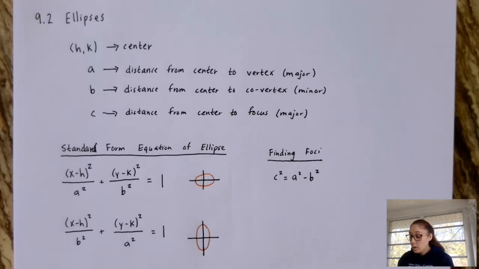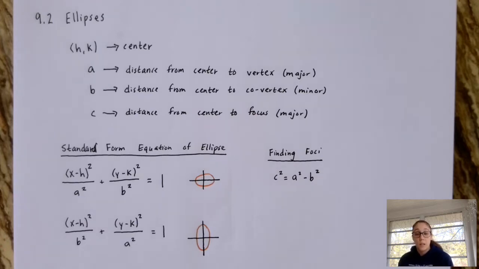And so the way that it works is for ellipses specifically, because this is not going to be the same for other conics, a is always the denominator that has the greater value. So if you had two denominators and one was 4 and one was 9, well, 9, because it's the bigger value, would actually be the a variable, and 4, well, you'd have to take their square roots, but that's how we would associate the a and b.